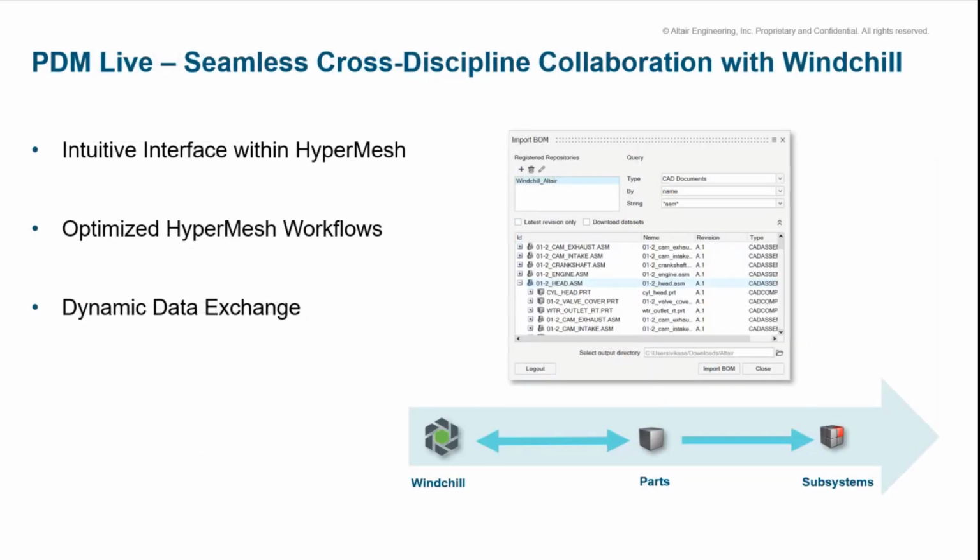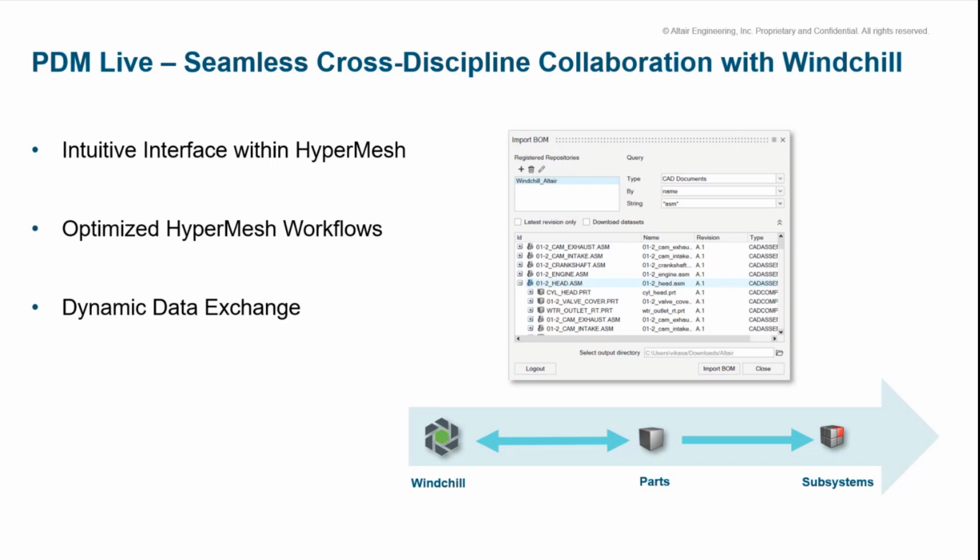By opening up the PDM Live framework to Windchill, we have ensured that there is seamless cross-discipline collaboration with Windchill. We have a very intuitive interface within HyperMesh. The same interface that is used by Teamcenter, Windchill, or OpenPDM is being used.